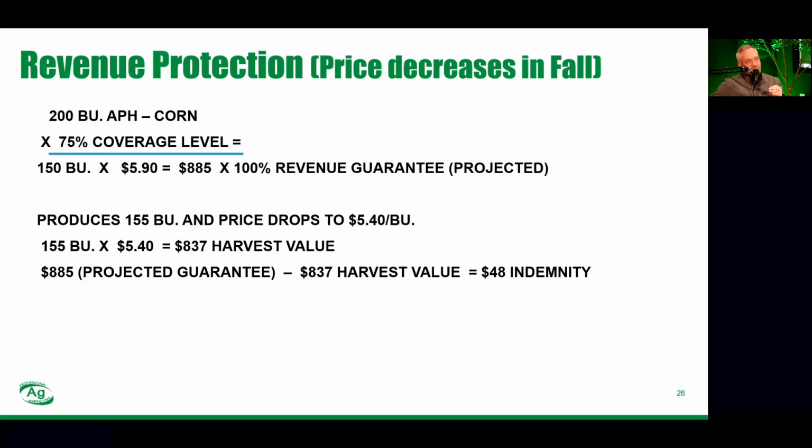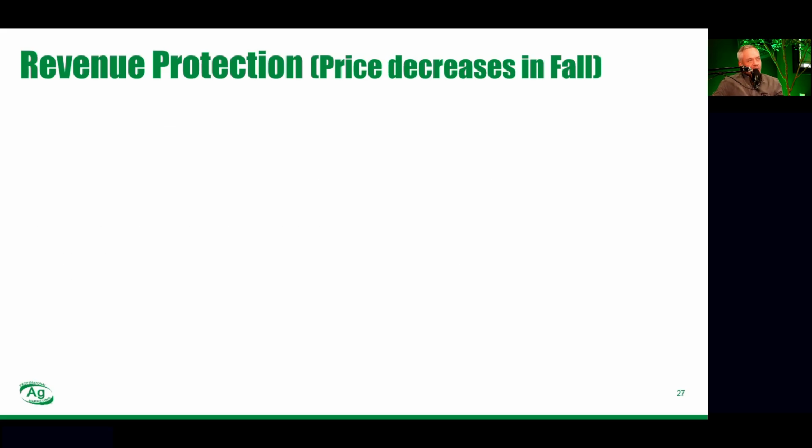So if you look at those numbers, we were guaranteed 150 bushels. We combined 155. This is the power of the revenue protection policy in that we are insuring dollars. So that 50-cent drop in price, even though we harvested more bushels than we were guaranteed, we lost enough price on every bushel to trigger that claim. So it's a very powerful policy.